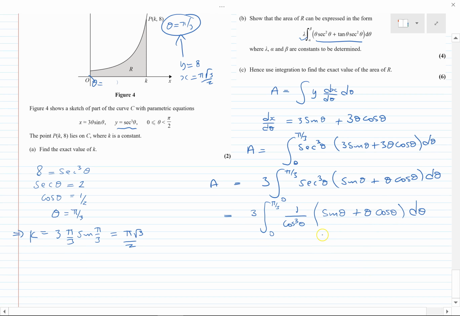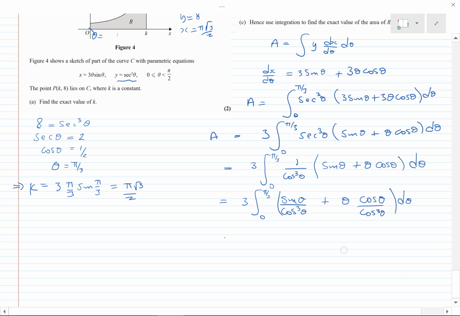Now divide by cos cubed theta, and I'm going to get sine theta over cos cubed theta plus theta cos theta over cos cubed theta.